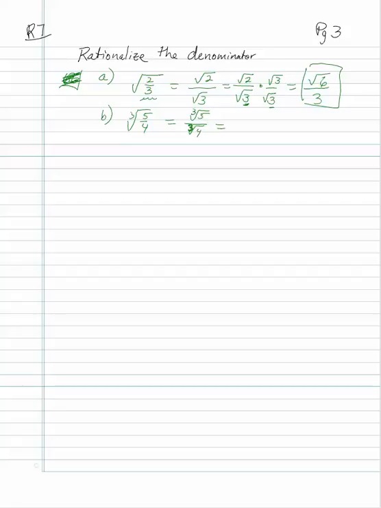I need a perfect cube. So what I do is I look at it factored, and 4 is 2 times 2, so I'm missing 1 2. I need another 2. So I'm going to multiply by cube root of 2. And that's going to give me cube root of 10 on top. And then I got 1, 2, 3 2s inside, make 1 2 outside.